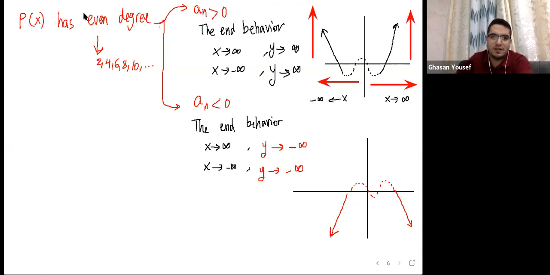So look at this curve. When x goes to positive infinity, the y will be positive. Here when x goes to negative, the y will be negative.